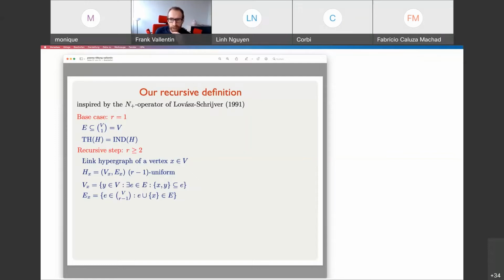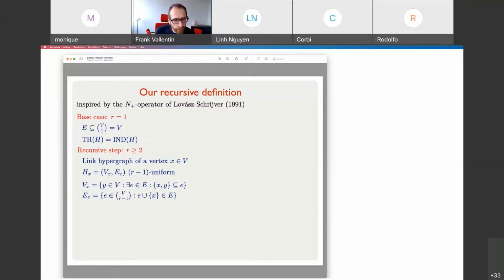The link hypergraph takes the hypergraph we're looking at, looks at it at a vertex X, and constructs a new hypergraph out of this data, which is no longer r-uniform, but becomes (r-1)-uniform. So we get a new hypergraph H_X, where the vertex set is V_X and the set of hyperedges is E_X.